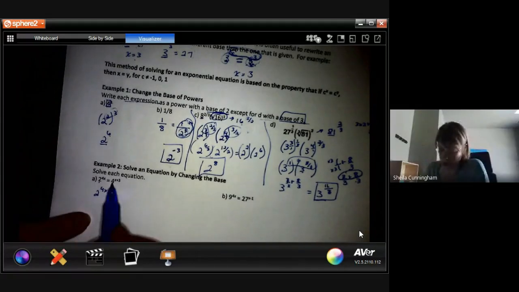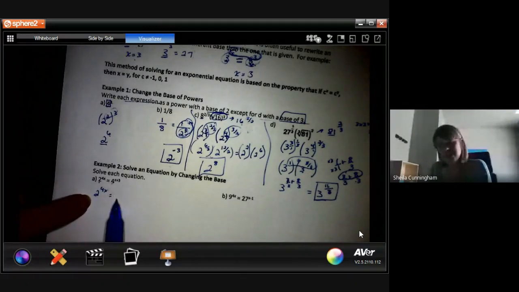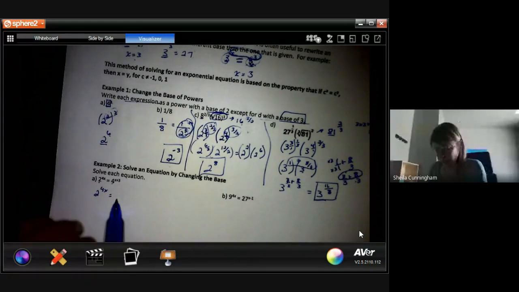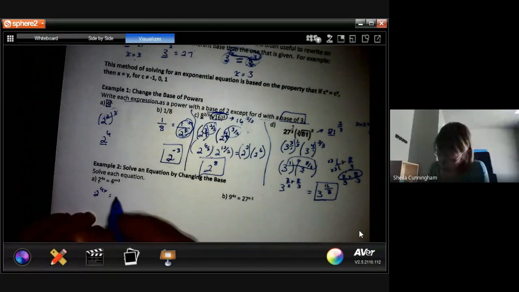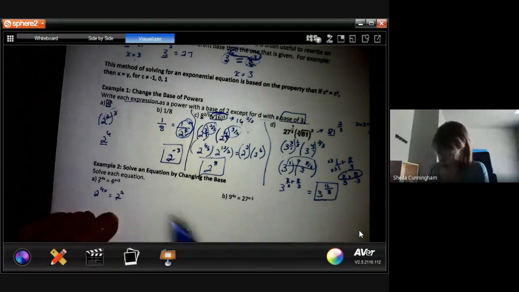But for the 4, I have to ask myself, if I can't simplify the 2, can I get the 4 to a base of 2? Ideally, we're always trying to recognize what we can see to make same bases. In this instance, I can write that 4 with a base of 2 to the power of 2.